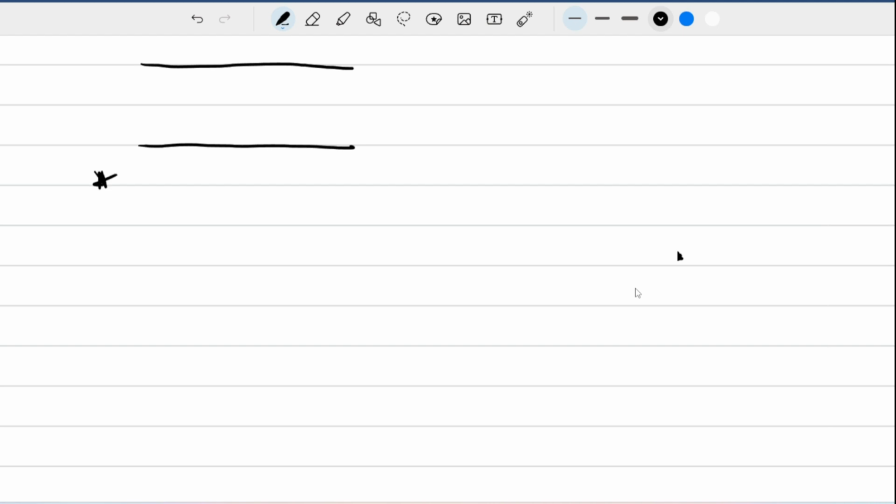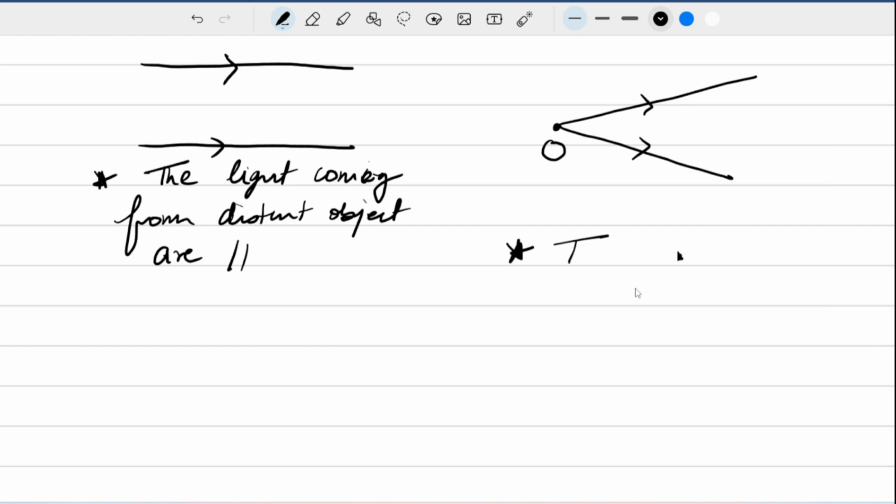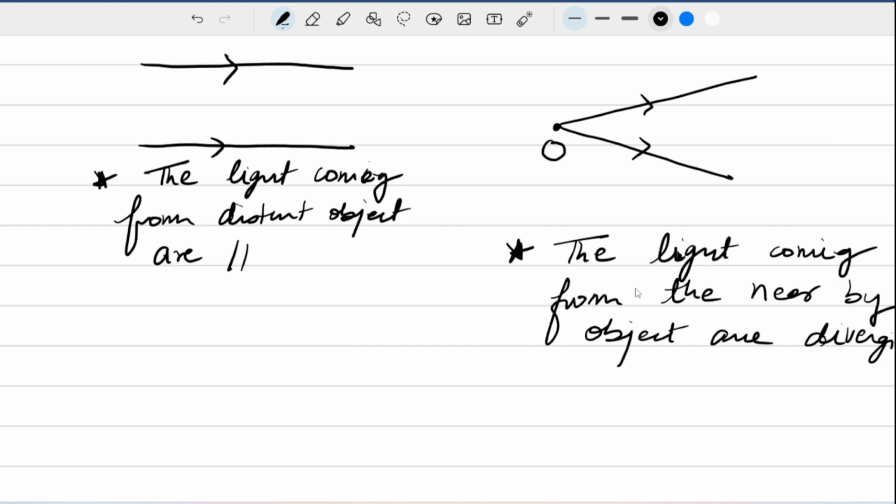So light rays coming from a distant object are parallel. Second, if this is my object O, then the light rays coming from this object will be diverging. So the light rays coming from nearby objects are diverging. Clear?